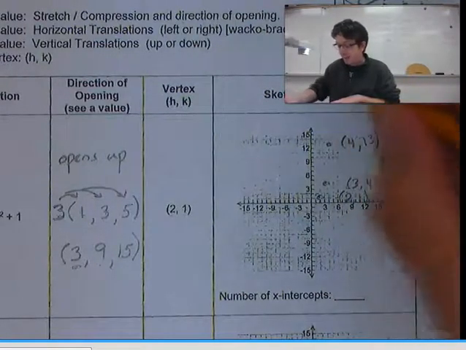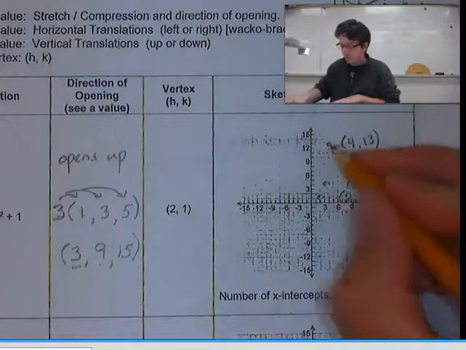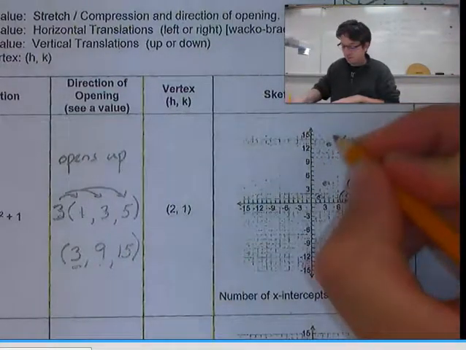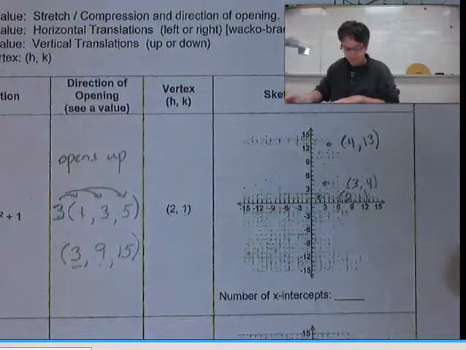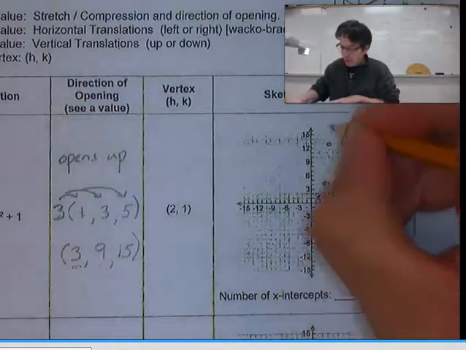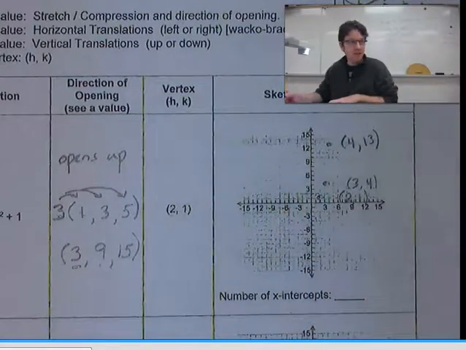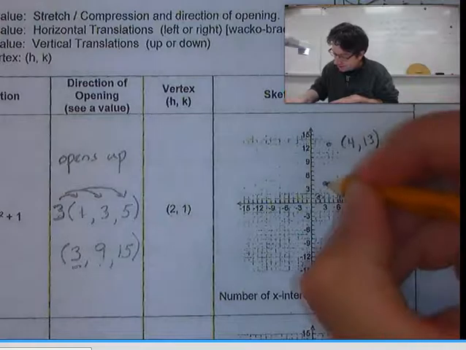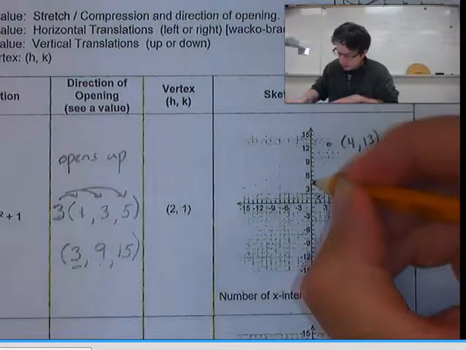And then if we had room, we would go up another 15 for the next step. But we don't have room. So this is one side of the quadratic. The other side is going to be a perfect reflection. It's like symmetry. And so if it helps, you can just sort of take this point and move it to 1 over, right, to the point 1, 4.